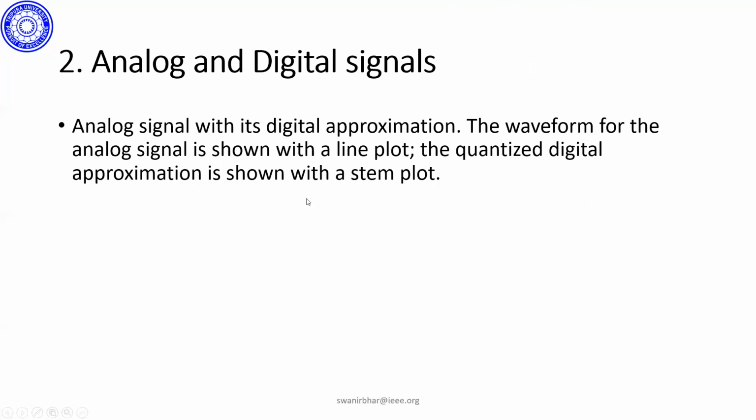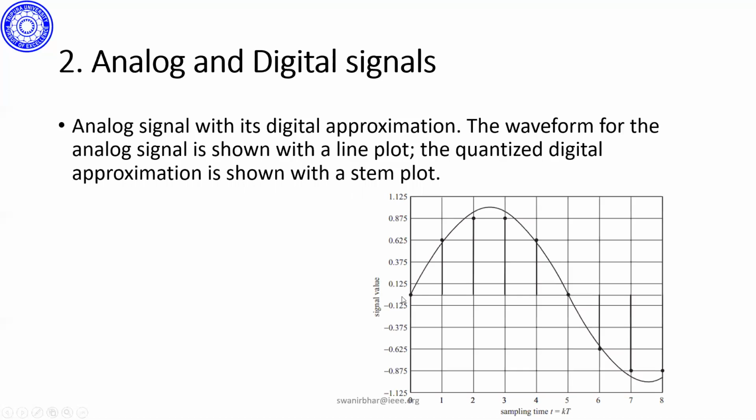Continuous time signals are continuous in time, and discrete time signals are discrete in time. Analog signals are continuous in both time and amplitude. Digital signals are discrete in both time and amplitude, otherwise you don't get a digital value. For the analog signal, the digital approximation waveform is a quantized version.